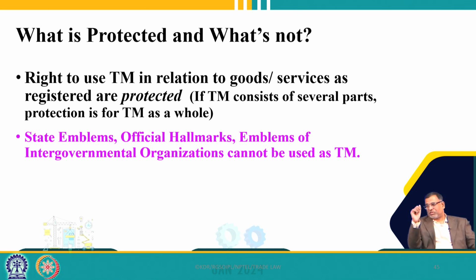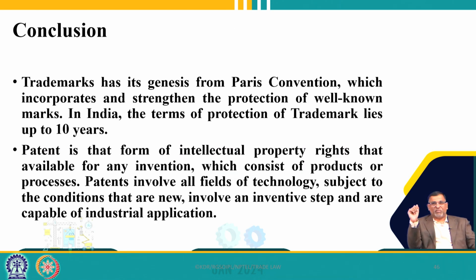The state emblems cannot be used as a trademark. There are prohibitions. So, there are specific distinctions on what can be registered and what cannot. The trademark can be registered, the term of protection is 10 years, and it can be renewed from time to time. All over the WTO countries now it is 10 years protection of trademark.